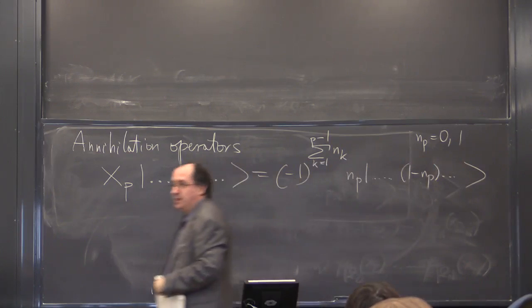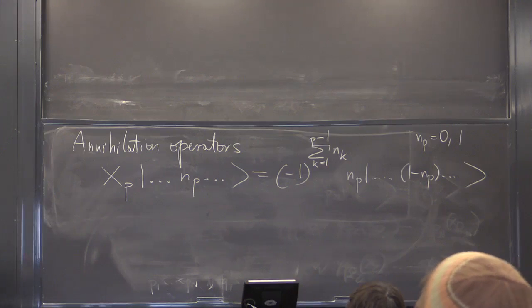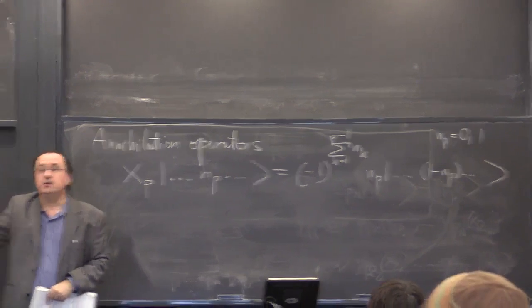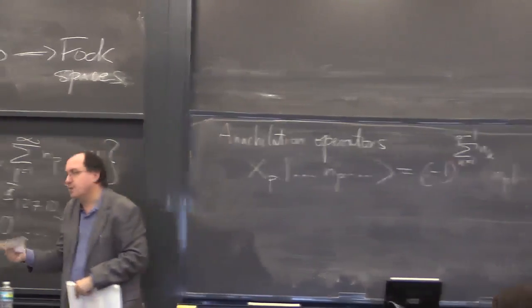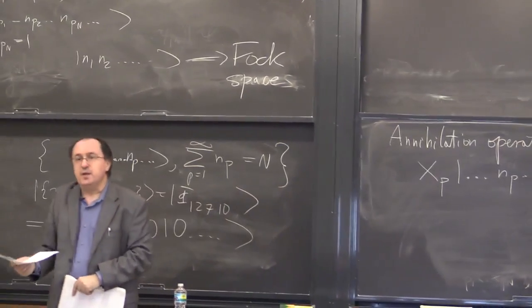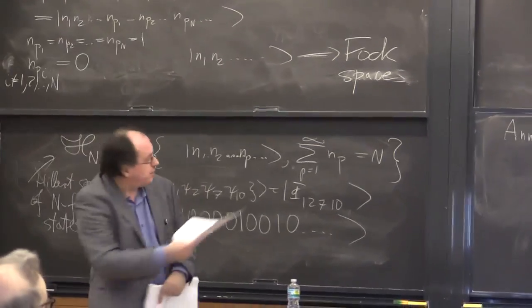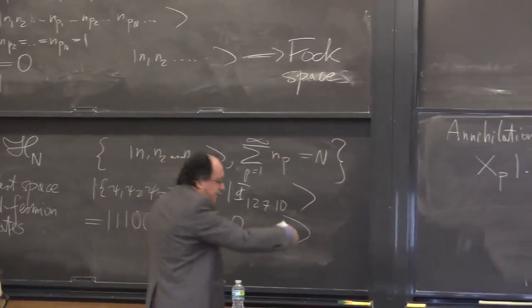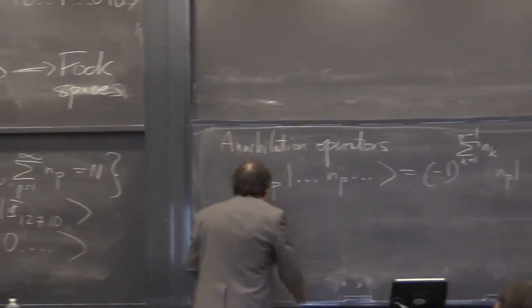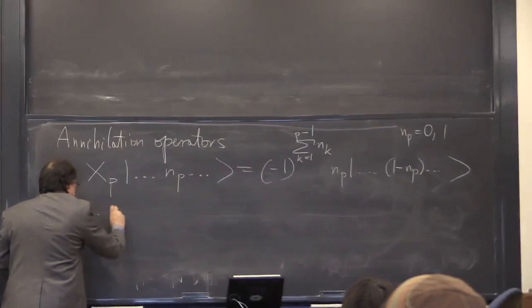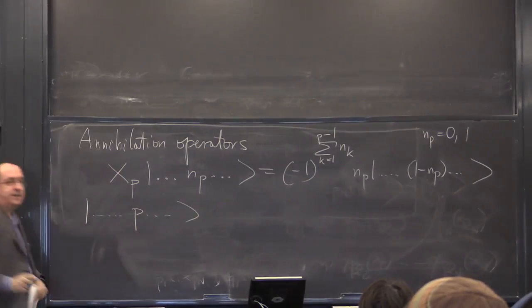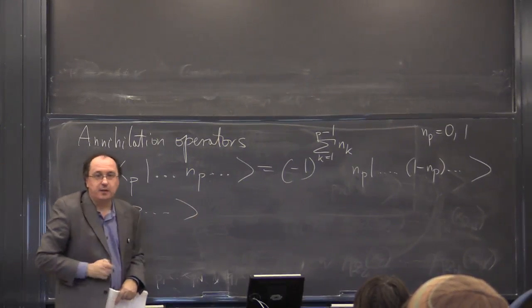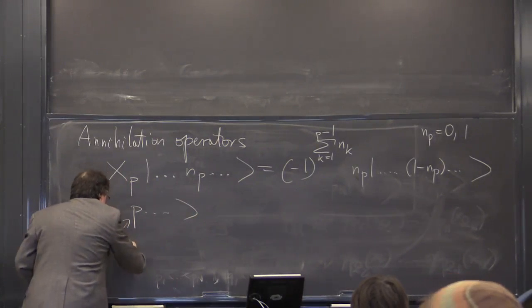Because of this, I'm going to now switch a little bit to the notation used in the handout I gave you, the notation in March. I'm going to need for the next some minutes to do some manipulations, and it's simply going to be easier if I use that notation. That notation is very straightforward. When I write a ket like this, what I mean is that P is occupied, so that means here N_P is 1.